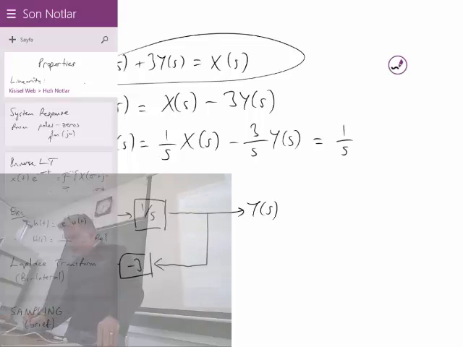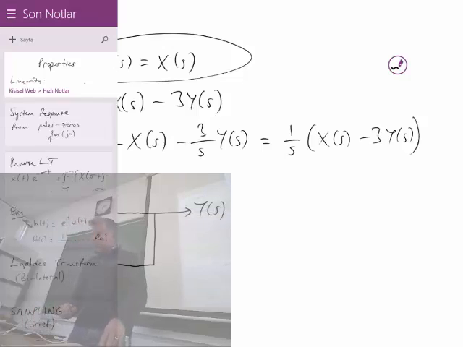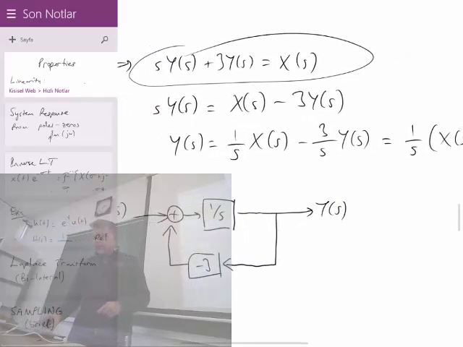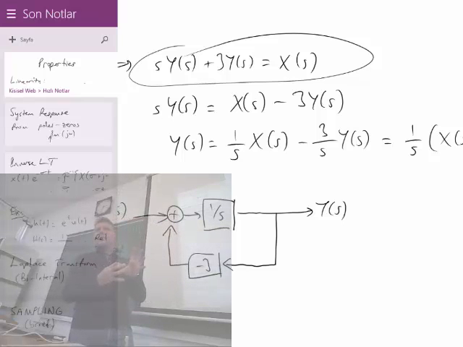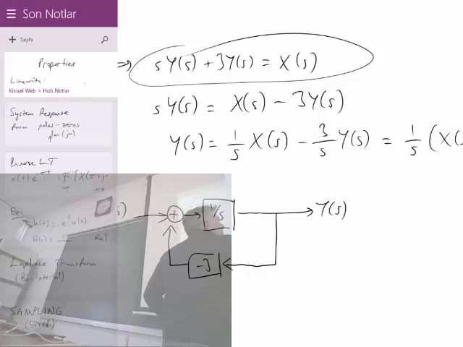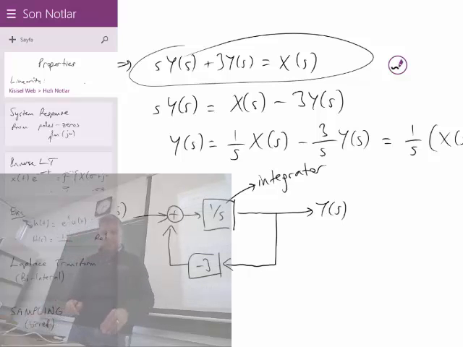In 1 over s parentheses we have x of s minus 3y of s. Therefore, in the lower branch, I'm saying minus 3 times y of s, and from here x of s comes in, and they are added, combined. In a parenthesis, everything is multiplied by 1 over s. So this 1 over s thing here is nothing but an integrator. This is the implementation of a first order system.